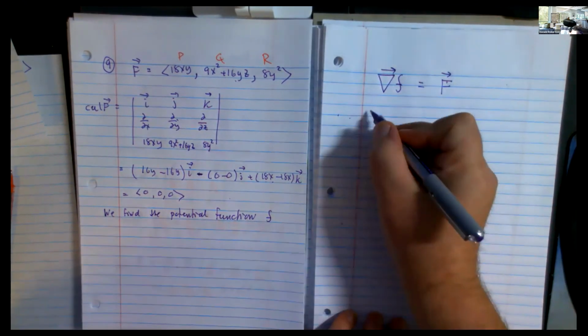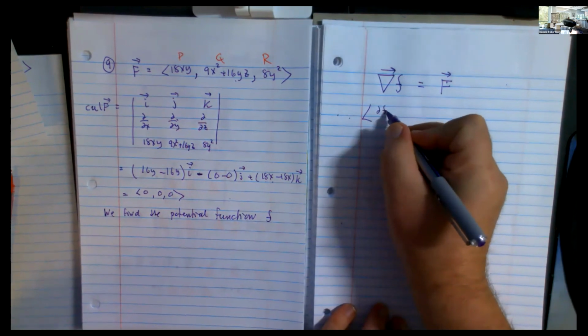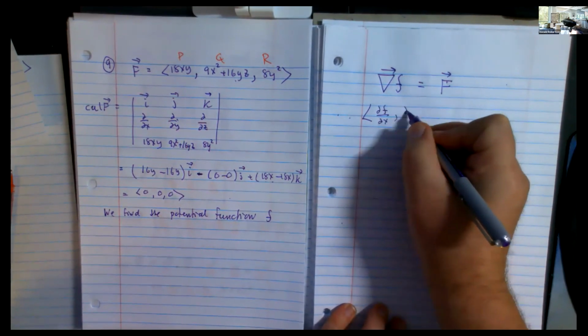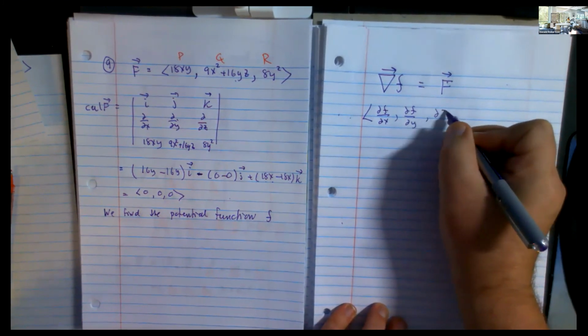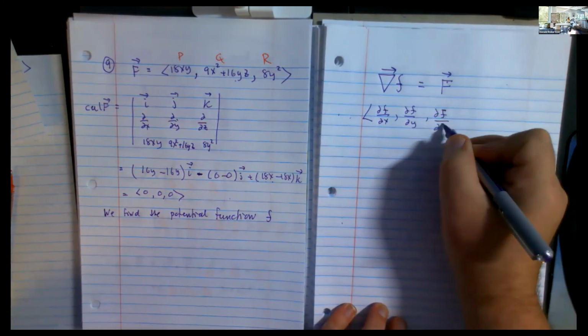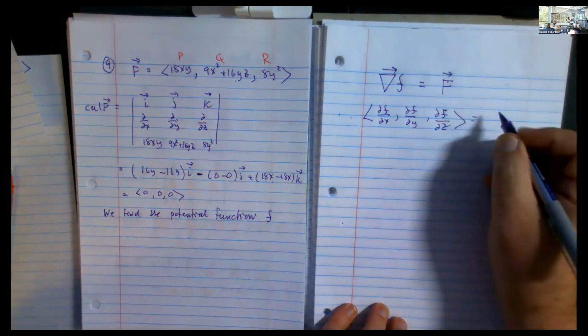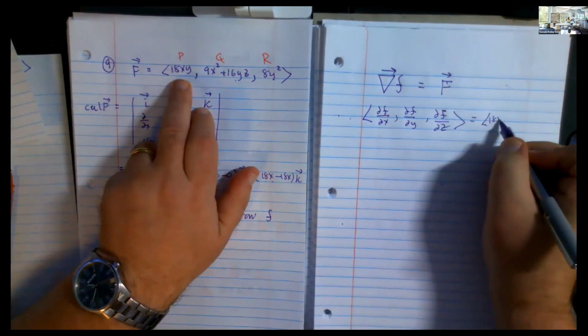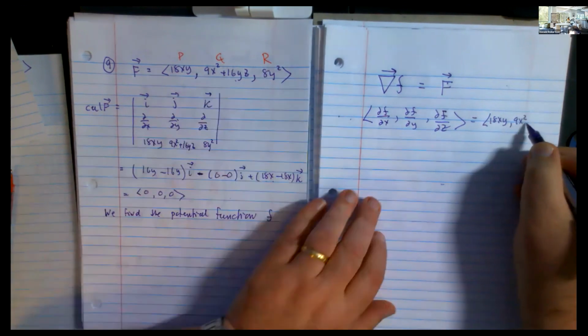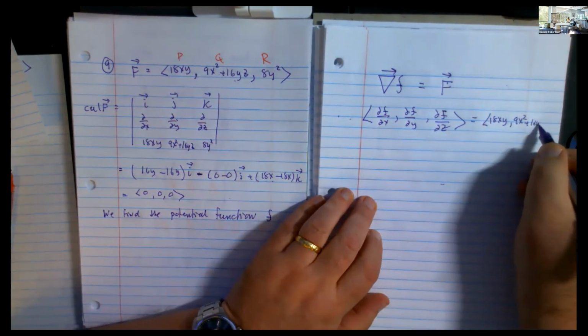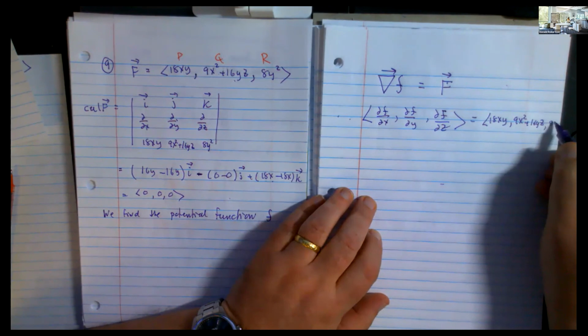And this guy is the partial derivative with respect to x, y, and z. And it's going to equal 18xy, 9x squared plus 16yz, and 8y squared.